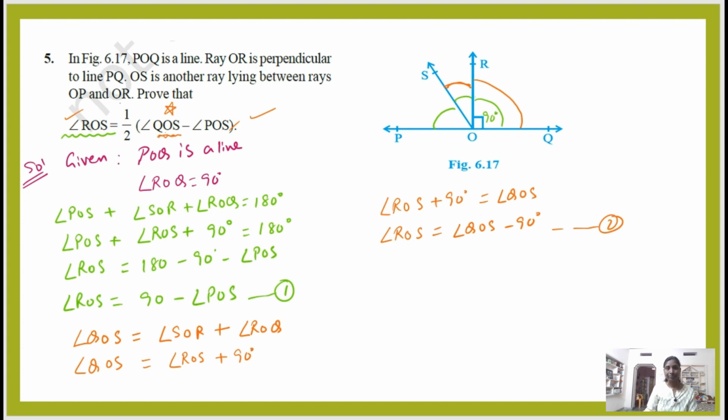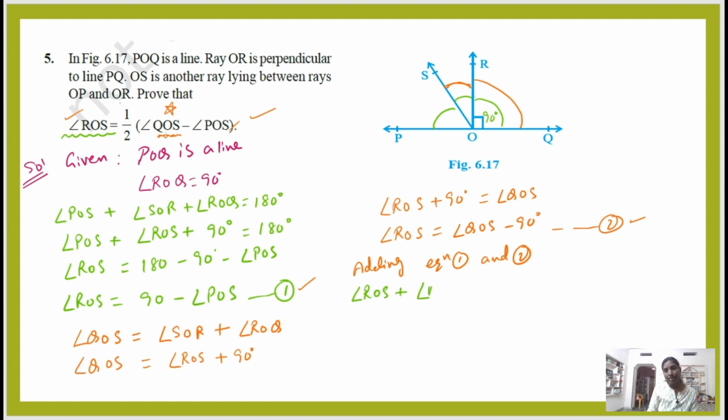Now you see equation number 1 and equation number 2. Now add these two equations. Adding equation 1 and 2, then we will get angle ROS. Add left hand side to left hand side, right hand side to right hand side.